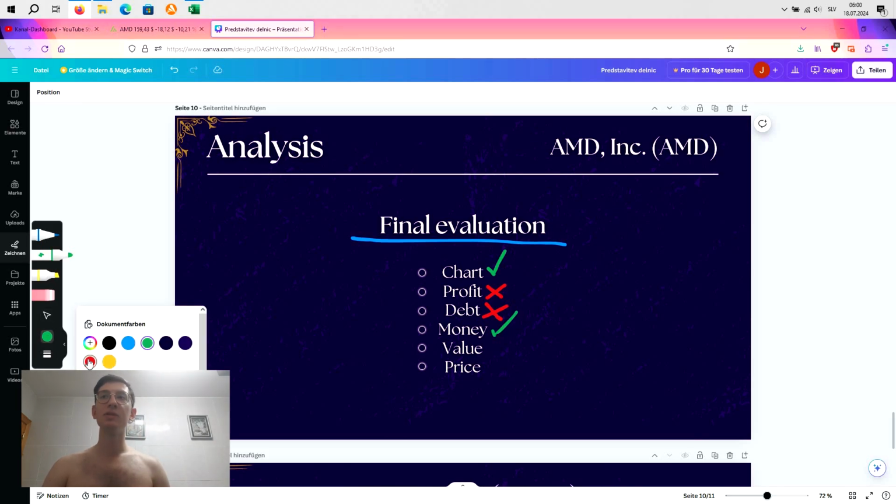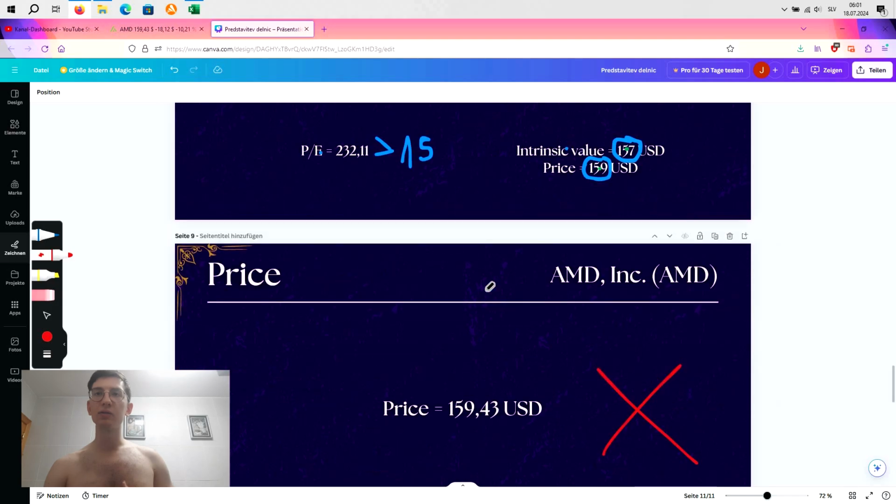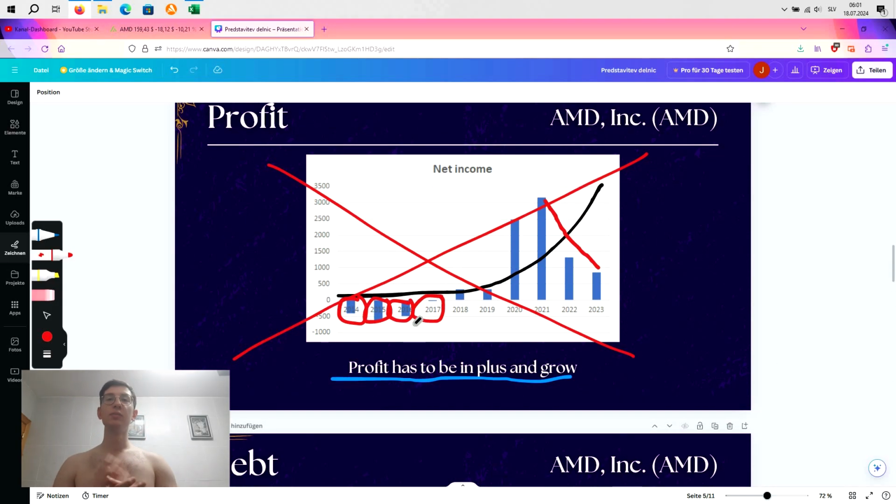Is AMD undervalued or overvalued? It's overvalued because both the P/E ratio and intrinsic value are higher than they should have been. And the price is above $150, so the stock is also overpriced for us. Now, should you buy or sell? In my opinion, you should sell because simply they had a loss. Net profit from 2014 up to, I think, 2018 was negative. 2017 was negative.